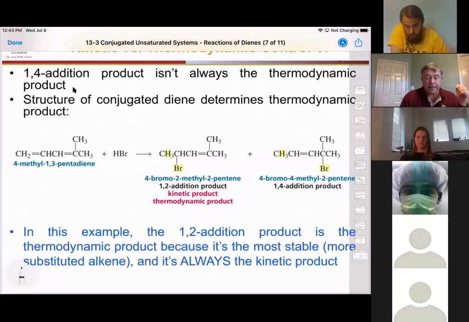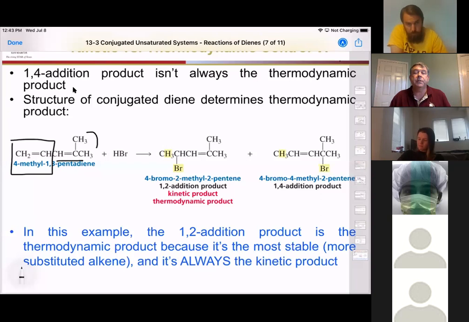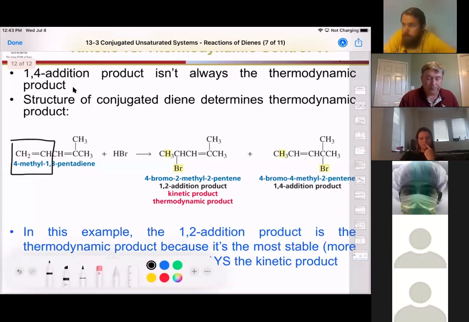So in the case of this compound here, we have our regular monosubstituted alkene over here, but notice this alkene right here has 2 methyl groups on it, so it's a tri-substituted alkene to start with. So it's already more stable than the monosubstituted alkene that we have on the other side.